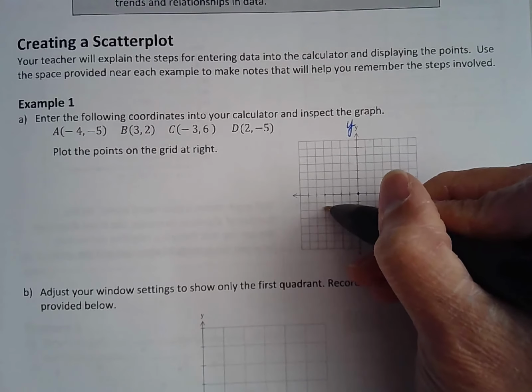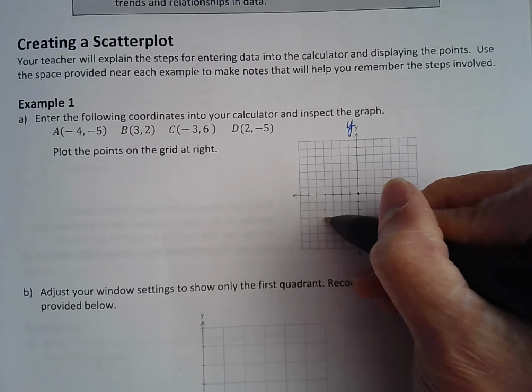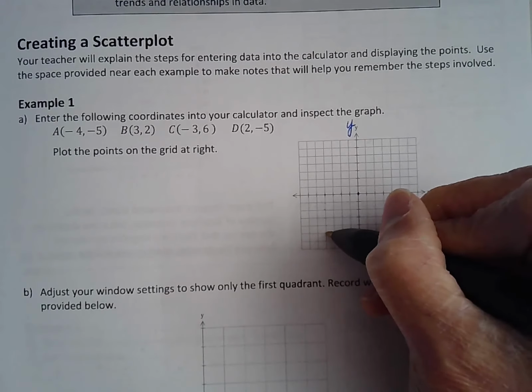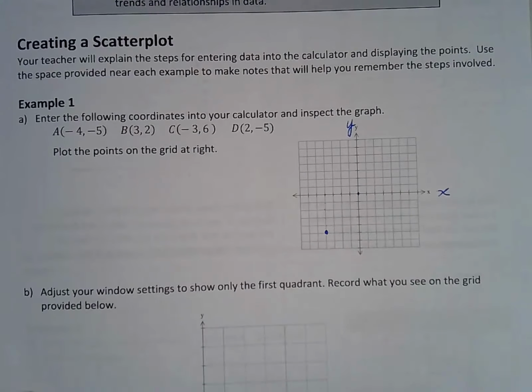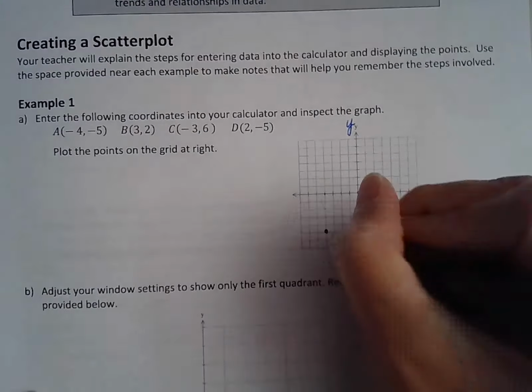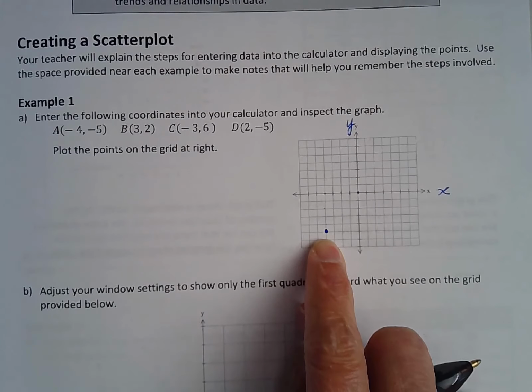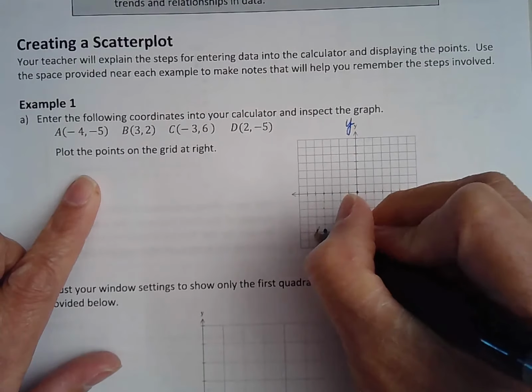So 1, 2, 3, 4, 5. Okay, so we put a dot there that shows the location of our point, and then we're going to call that point A, so we put A right beside it.